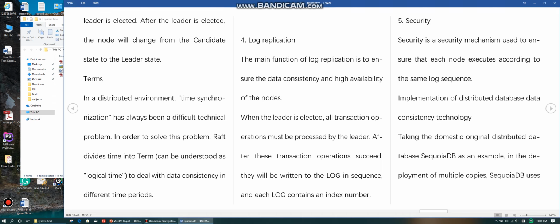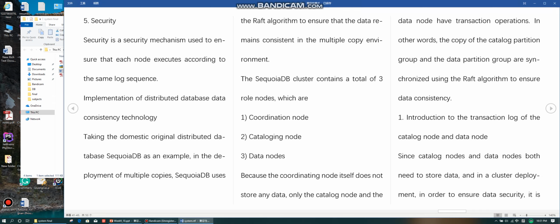So the DBMS also has log replication. The main function of log replication is to enforce the data consistency and high availability of the nodes. Security is a mechanism used to ensure that each node executes according to the same log sequence.